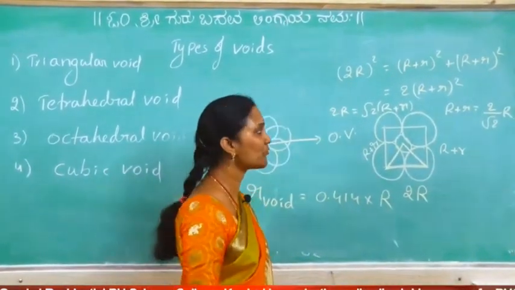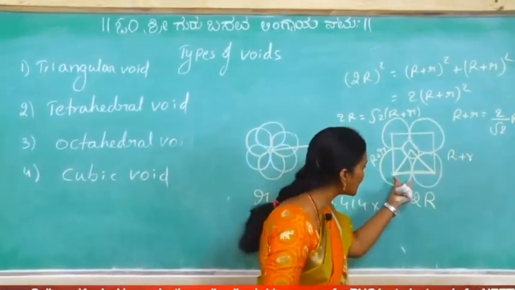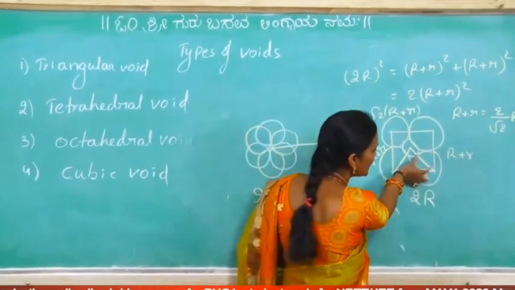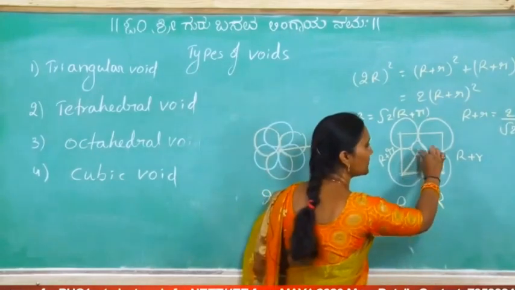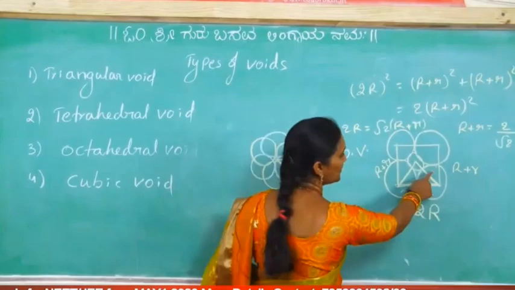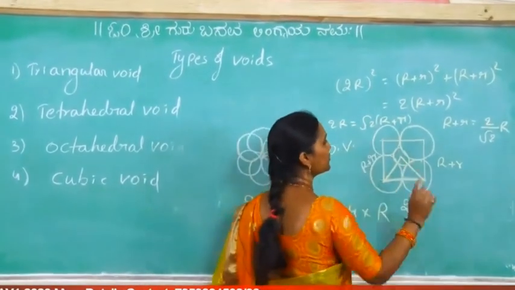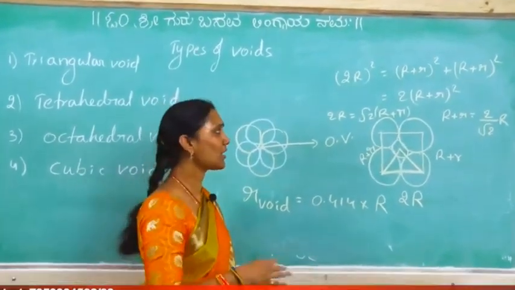We want the radius of void. Once again, this full length is 2r, the radius of this sphere plus the radius of this sphere, and it is equal to the radius of sphere plus the radius of void, and this is also equal to the radius of sphere plus the radius of void. Now (2r) square is equal to this one square plus this one square. Then 2r is equal to root 2 into (r plus r), so r plus r is equal to 2r by root 2.